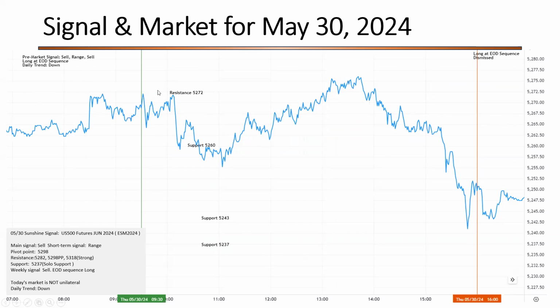52.70 level. And the signal quickly gave a 52.72 resistance. So here could be a short opportunity with a couple points above the high of day, targeting some of the supports here.